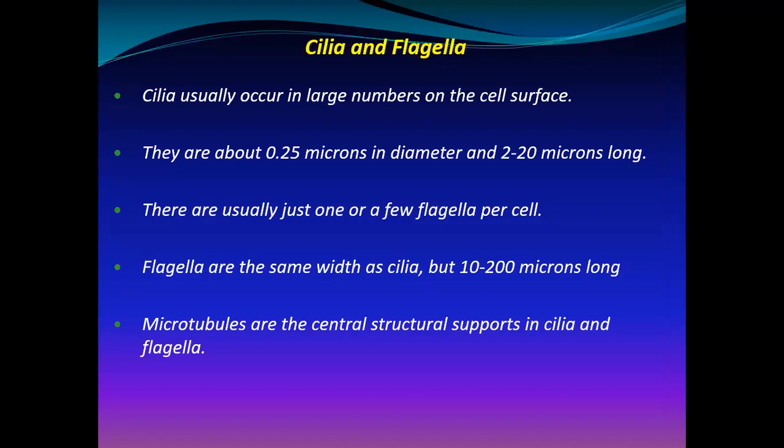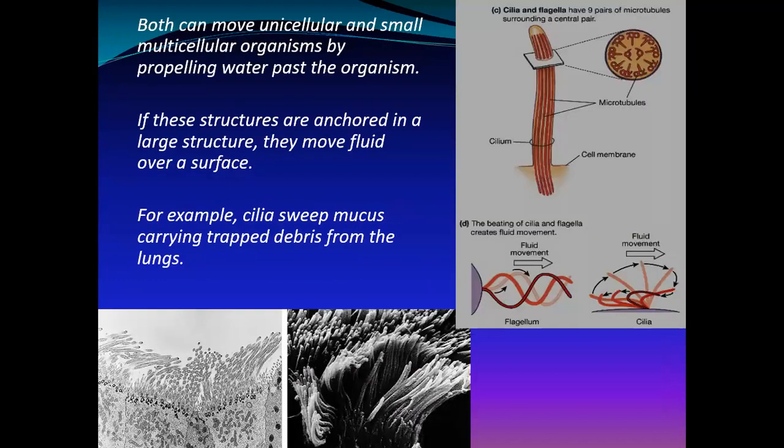And then the interesting part, I will come to cilia and flagella. Cilia is made out of microtubule and flagella is also made out of microtubule, right? So when you look at this, microtubules are the central structure supporting cilia and flagella. You can see both can move unicellular and small multicellular organisms, right?